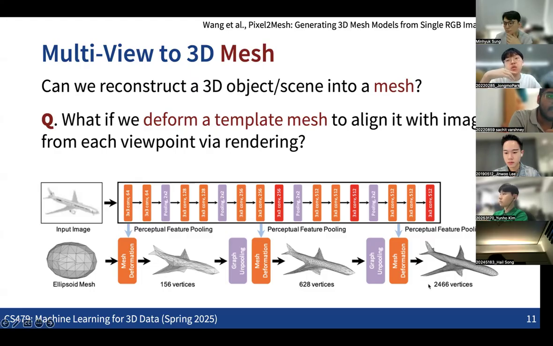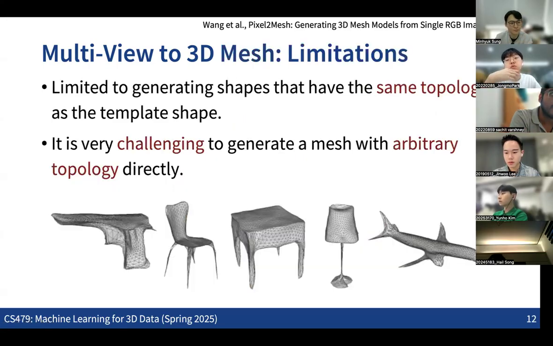Yeah, so there are a couple of challenges when you directly want to get a mesh as the output. As you can see, the biggest problem is the limitation, the constraint, in terms of topology.